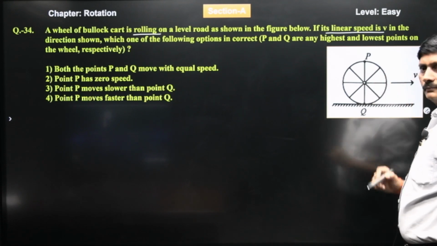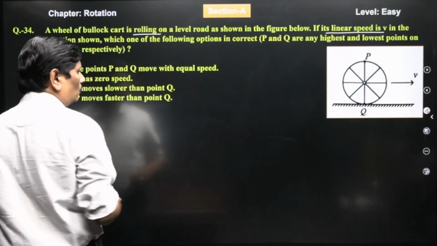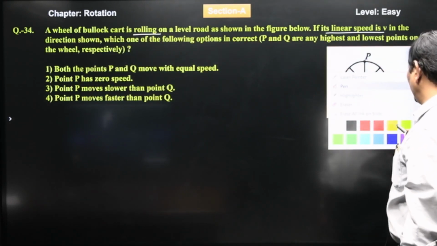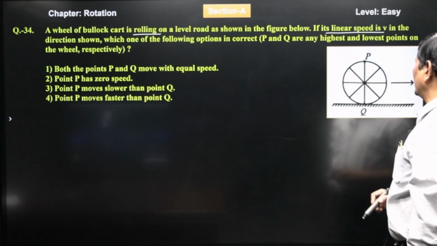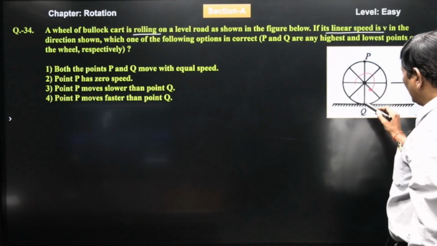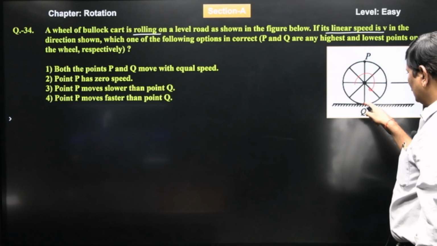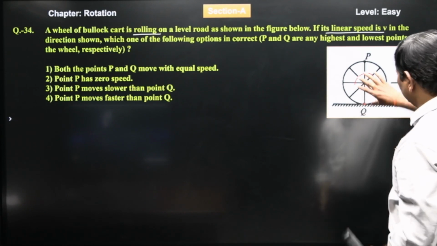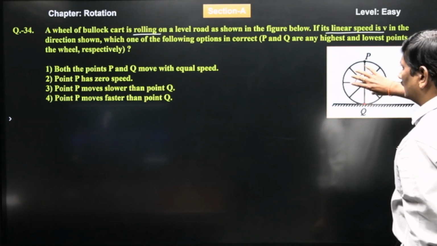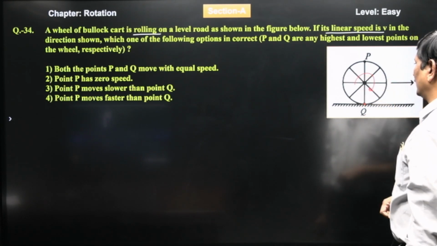In this rolling, confining only to rotation, that means treating this as rotation about the point of contact. See, Q is the point of contact. At this instant, we can assume that the wheel is in rotation about this point of contact.